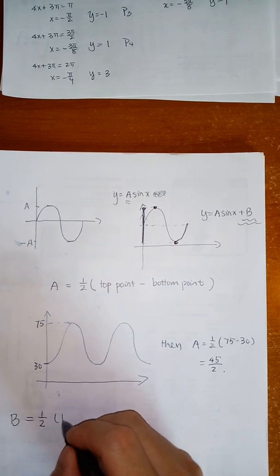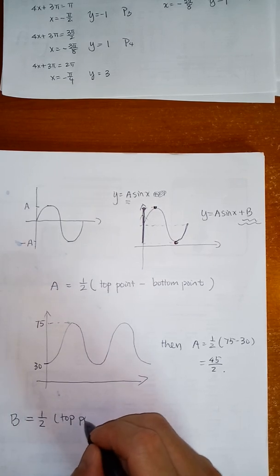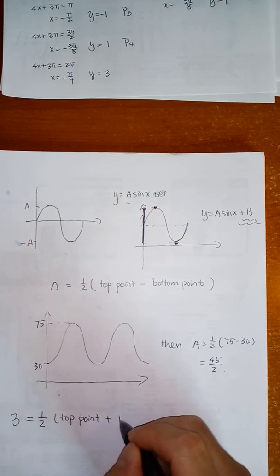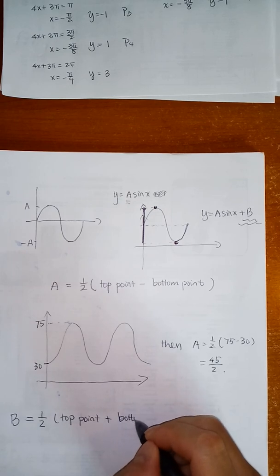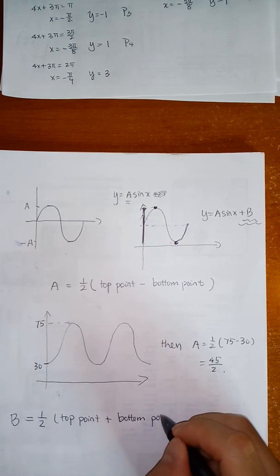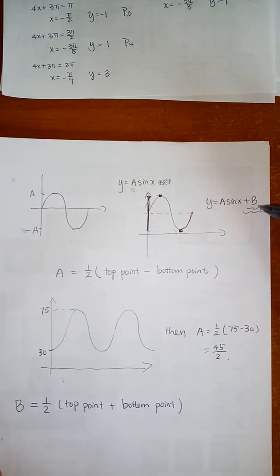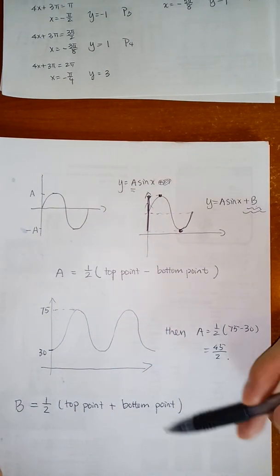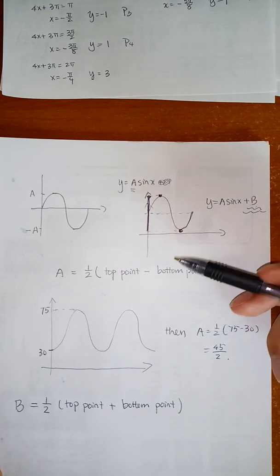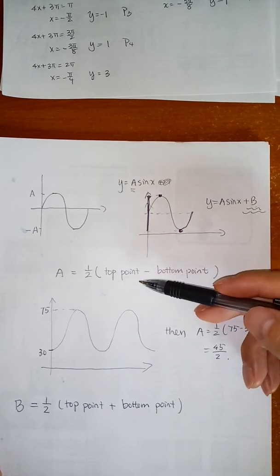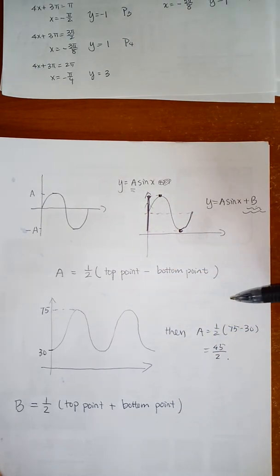So B is the top point plus the bottom point divided by 2. So this vertical shift is the average of top and bottom point. The amplitude is the difference of top and the bottom divided by 2.